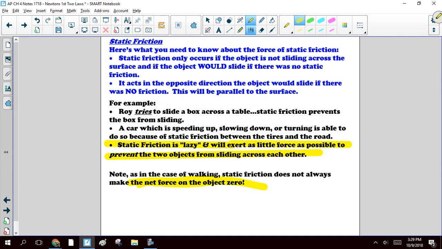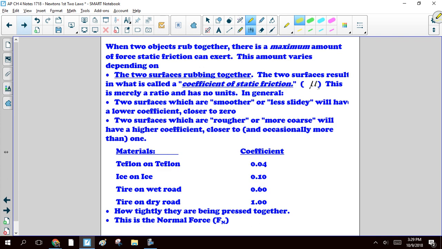Okay, so static friction. When two objects rub together, there's a maximum amount of force that static friction can exert. How much force static friction can exert depends on what two surfaces are rubbing together. Remember, that determines your coefficient of friction.